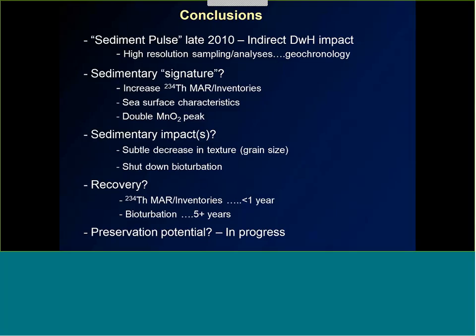The sedimentological signature was an increase in thorium-234 mass accumulation rates and inventories. This layer had sea surface characteristics and the double manganese oxide peak. Sedimentary impacts, which are related to the sedimentary signature: a subtle decrease in texture and grain size, and bioturbation was shut down.